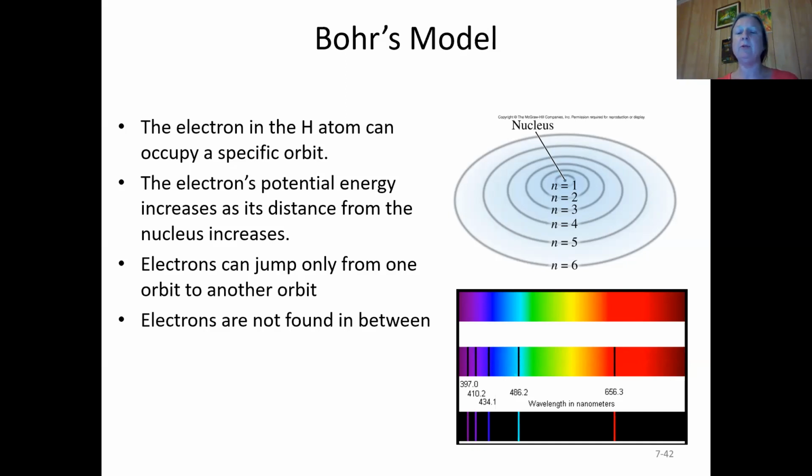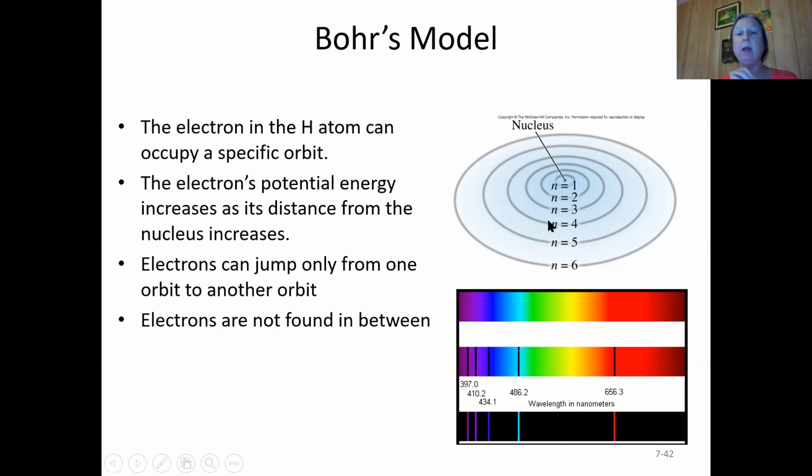And it's not always just in visible. Generally, you look at the infrared, ultraviolet, and visible.